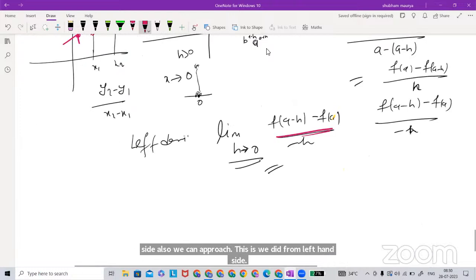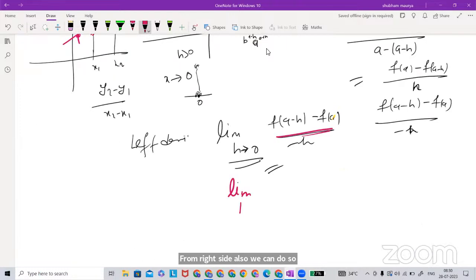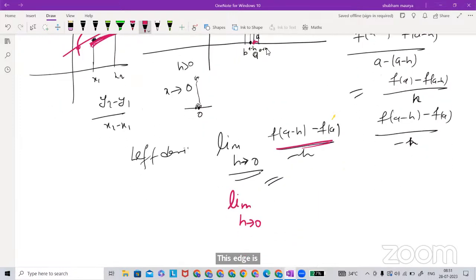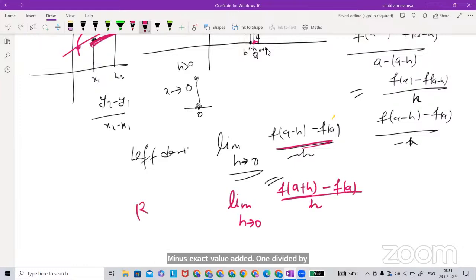So the right side could be written as limit h goes to 0. This h is always positive, because we are subtracting here. h goes to 0, f of a plus h, a small incremented function value, minus the exact value at that point, divided by h. So this is called right derivative.